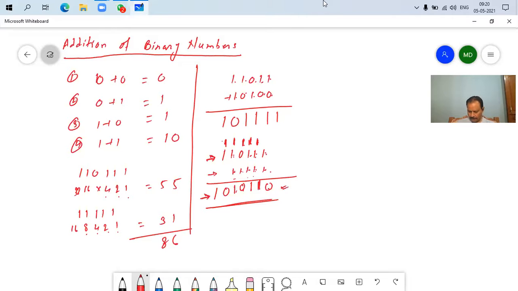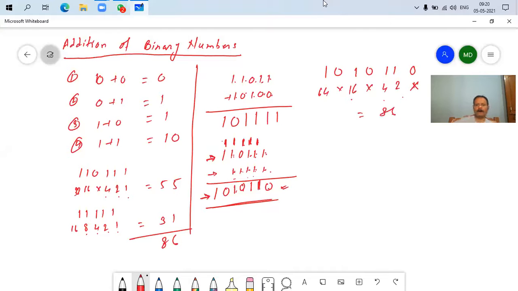Now let us check this number. It is 1010110. Once again, we write in the same form: 1, 2, 4, 8, 16, 32, 64. Now add them up. 64 plus 16 equals 80, 84, and 2, 86.